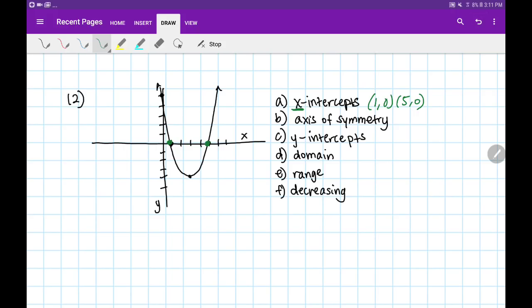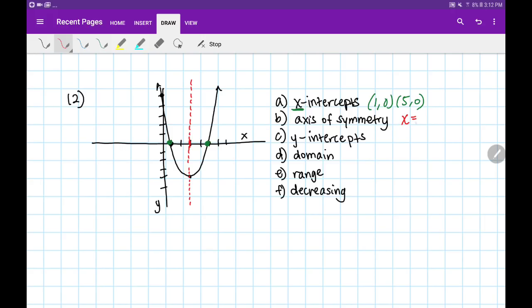Next, let's find the axis of symmetry. So that's the line that divides this guy evenly in the middle. I know my axis of symmetry has to go through the vertex. And now this line is going to be going through the point where x equals 2. So that's the axis of symmetry.